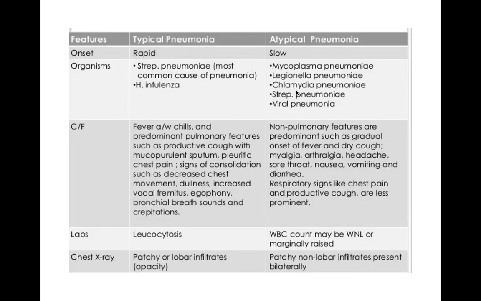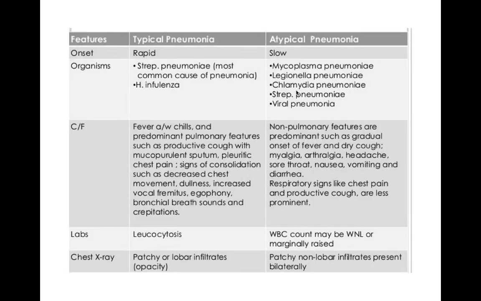Whenever you see a louder expiratory phase like this, that means the patient has bronchial breathing. This is mainly seen in consolidation. Also egophony: the patient says A, and we will hear it with the stethoscope as E. So that's egophony.